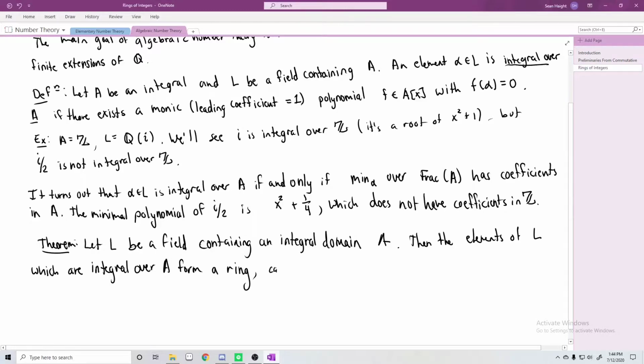And this ring is called the ring of integers of L. So, we're going to call this collection the ring of integers, and we won't know it's a ring until the end of this lecture.